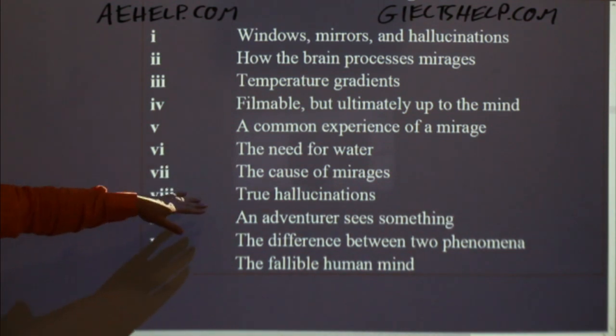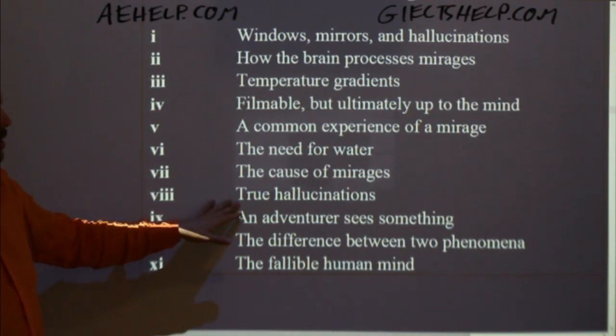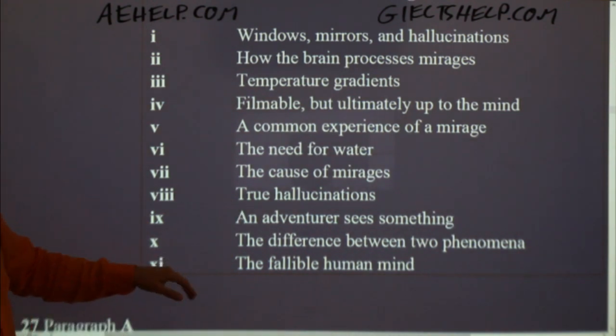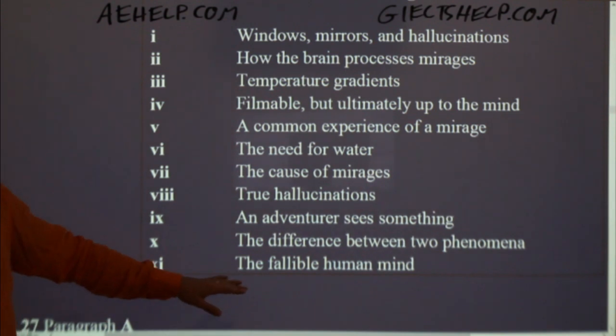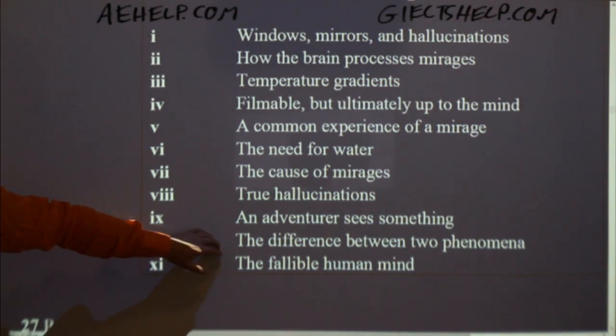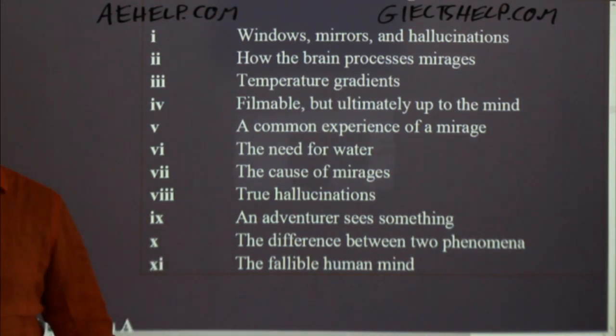The need for water, the cause of mirages, maybe. The hallucinations, an adventurer sees something, the difference between two phenomenon. The fallible human mind. Well, definitely the paragraph tells us that a mirage is not a hallucination. It tells us the difference between those two phenomenon. It gives us a clear answer.